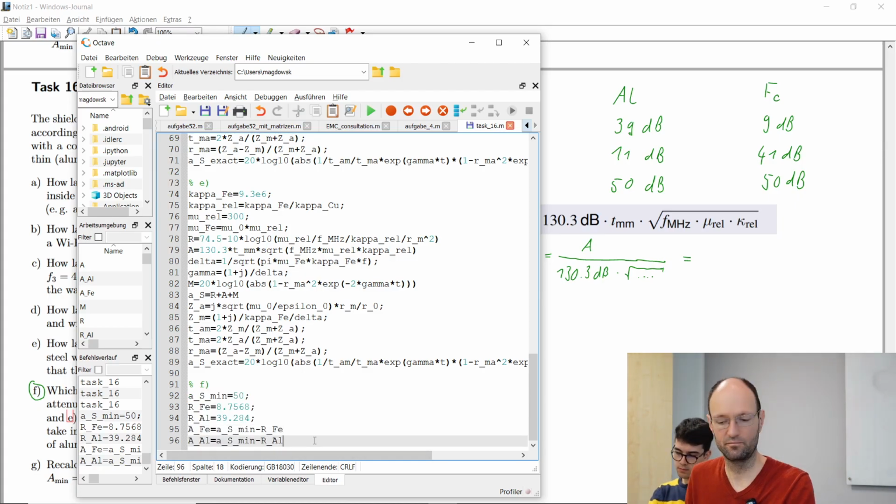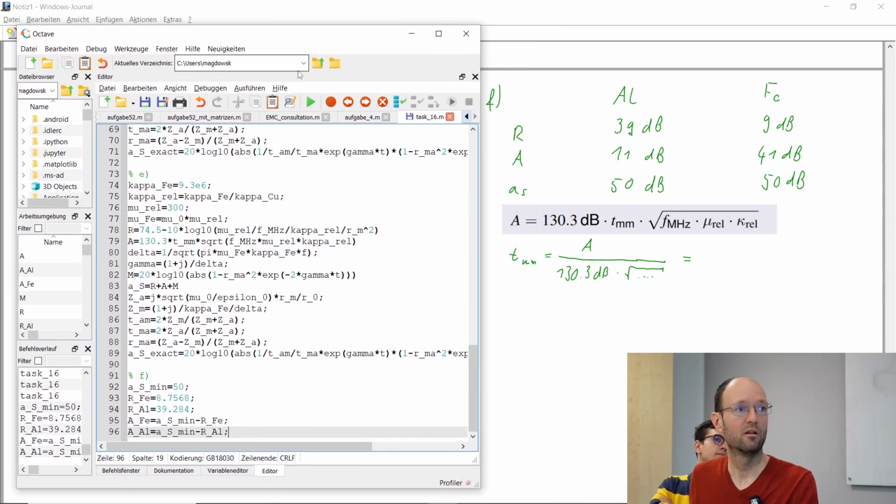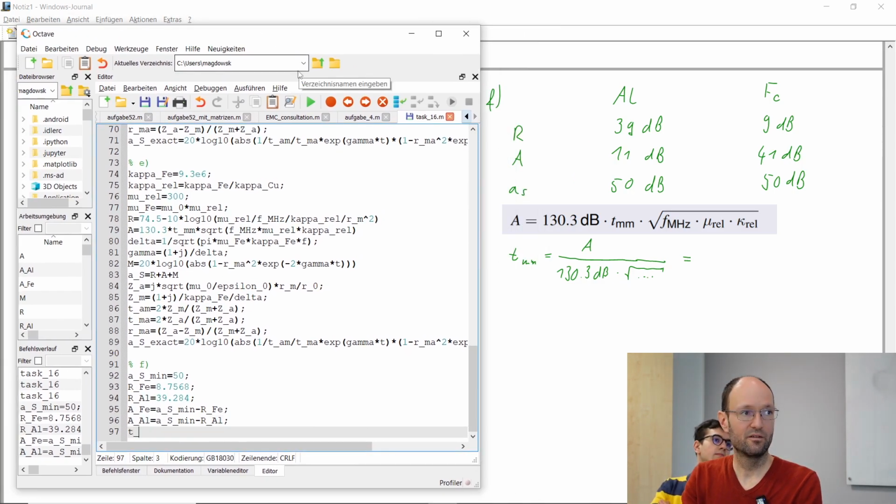And so now we can use this formula, the thickness in millimeter, and let's once again start with the steel case.